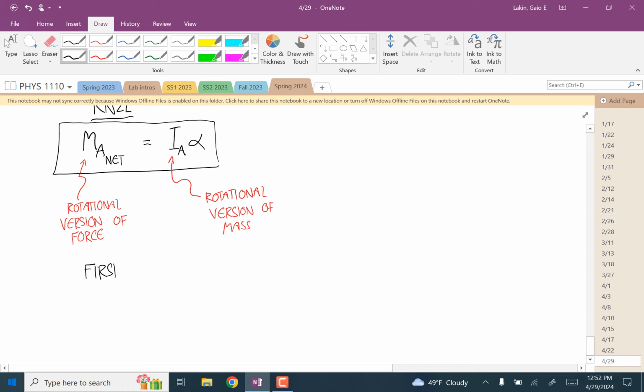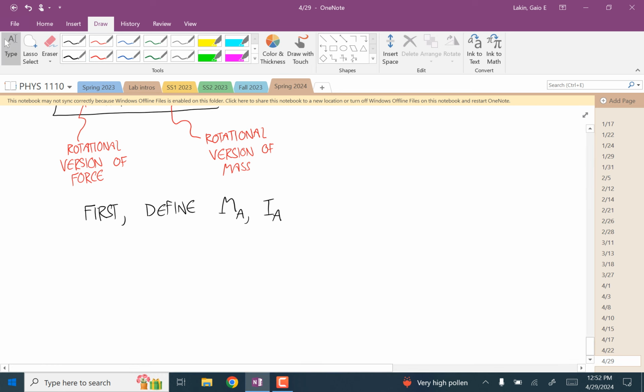So first, we have to define MA and IA. The first thing I'm going to define is the moment of inertia. That's the IA.